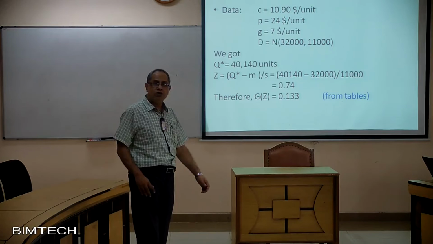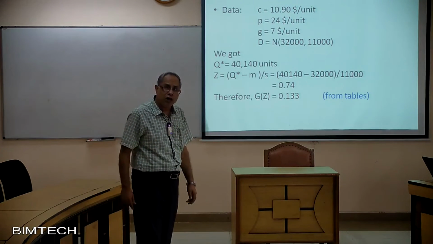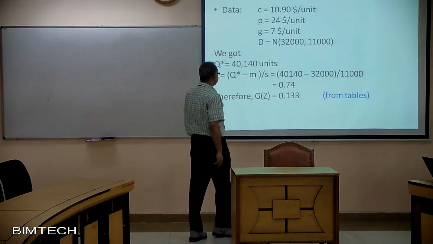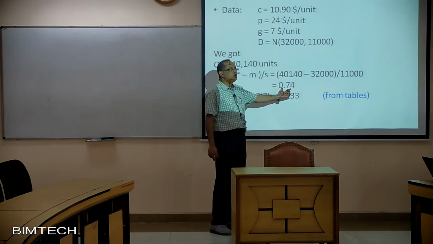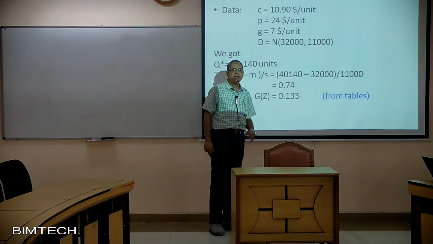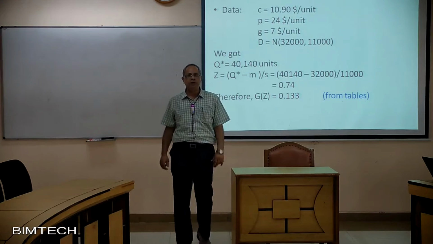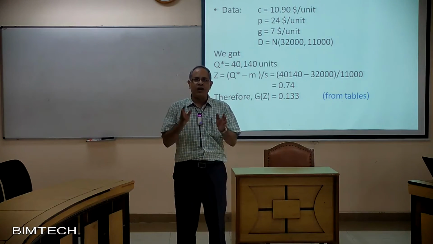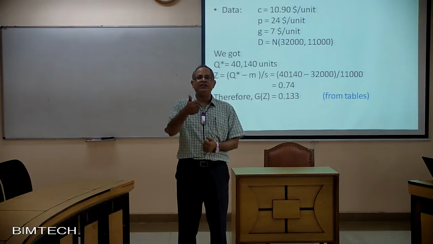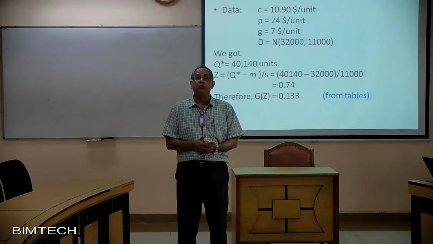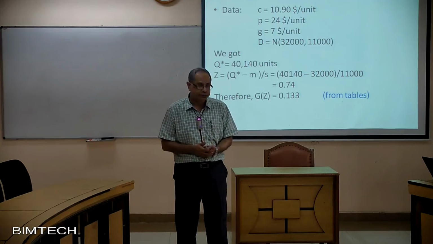From the Z value and the unit normal loss function table, we find that the G value corresponding to 0.74 value of Z is 0.133. Simple. We have got the G(Z). All we have to do is multiply this value of G(Z) with the standard deviation of the demand, which is 11,000 in our case, to get the expected units short.